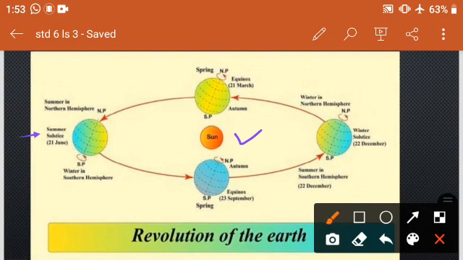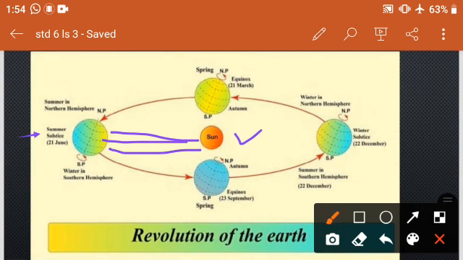The rays of the sun are falling directly on the Tropic of Cancer. As a result, these areas are receiving more heat from the sun. The areas near the pole receive less heat. The North Pole is inclined toward the sun beyond the Arctic Circle. Hence, a large portion of the northern hemisphere is getting sunlight from the sun.